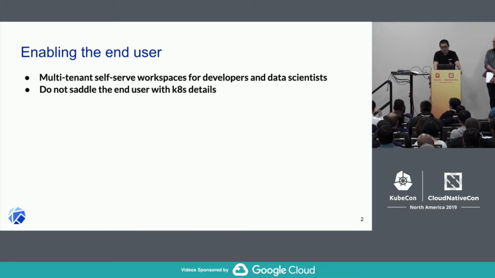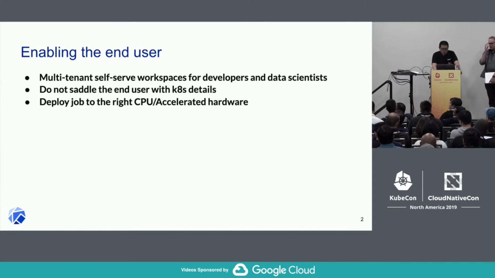We try to hide those details as much as possible, and we try to deploy jobs to the right CPU or GPU nodes. Imagine you have very large clusters, with nodes of different specs. Some are memory optimized, some are computation optimized, some have GPUs. We will help shift the loads depending on the job types you specified.